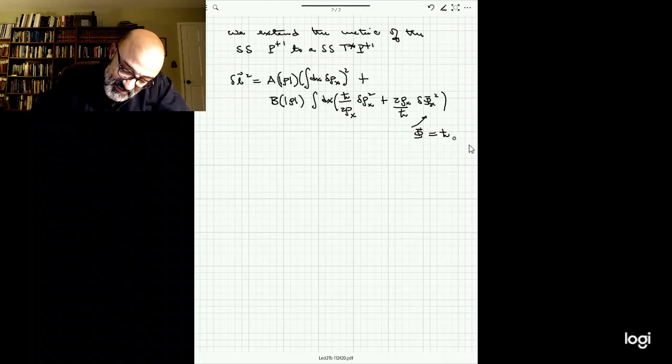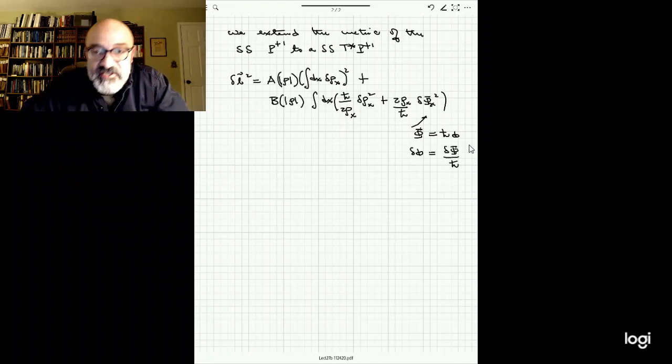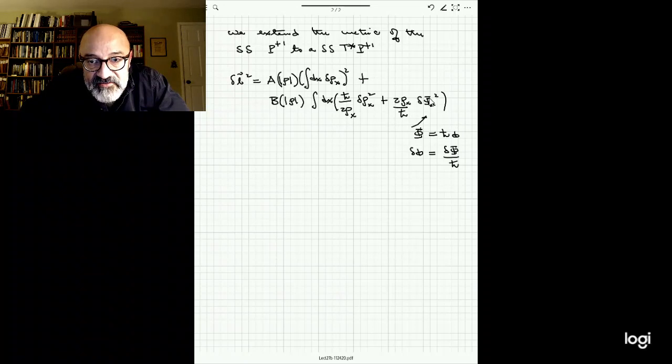But if this scaling is correct, then the delta phi that would appear there would be delta phi divided by h. This is squared, and so here we have delta phi squared divided by h squared.